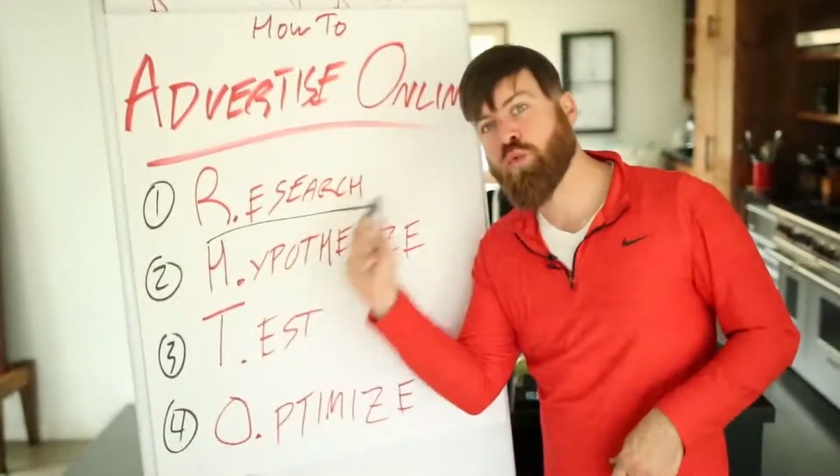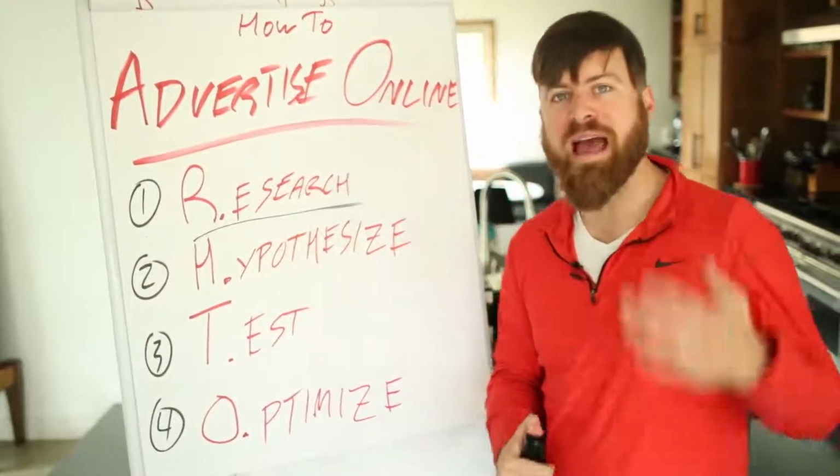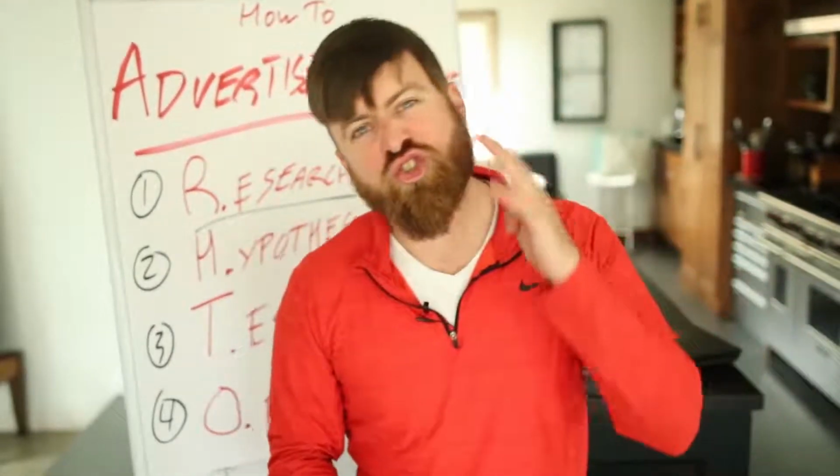So advertising online is the coolest place to advertise because you have access to all of the information of everything your competitors are doing. So the first step, obviously, is research, okay? If you're starting to advertise online, it's so easy.